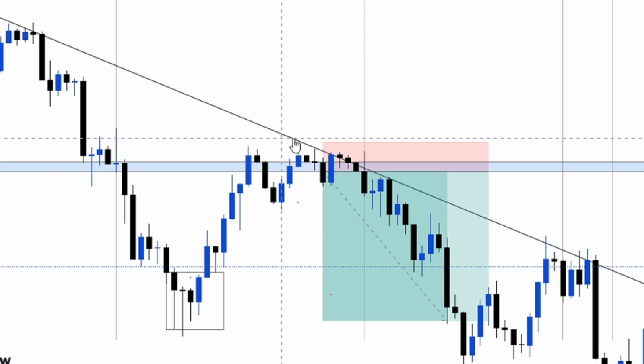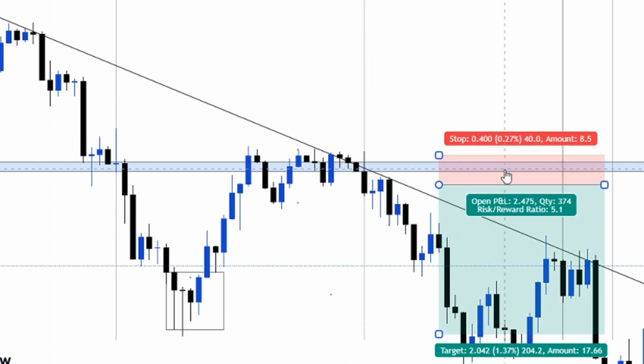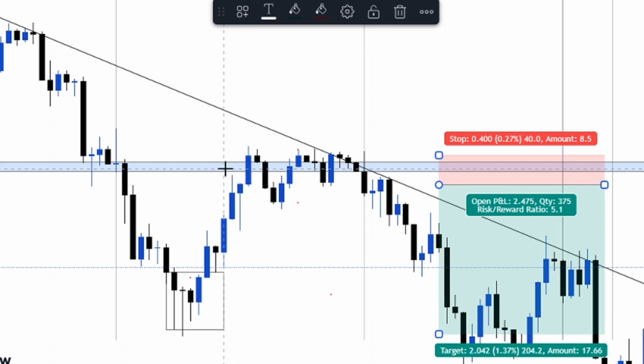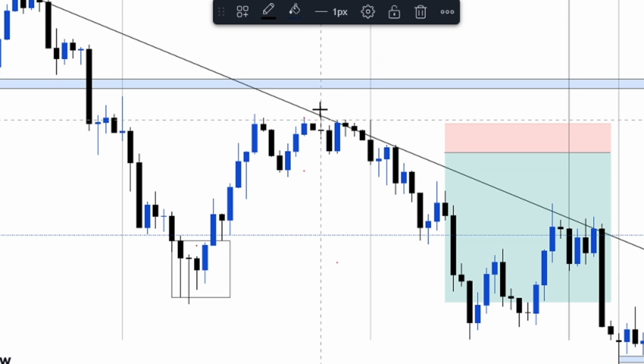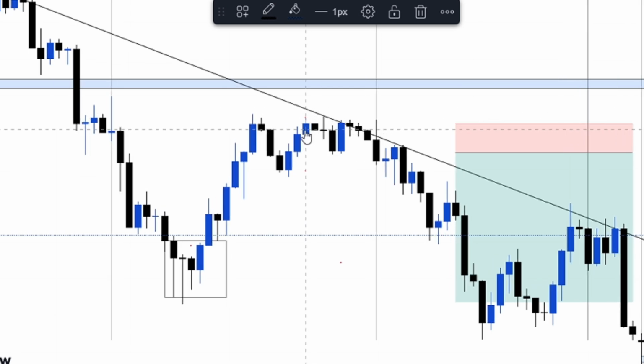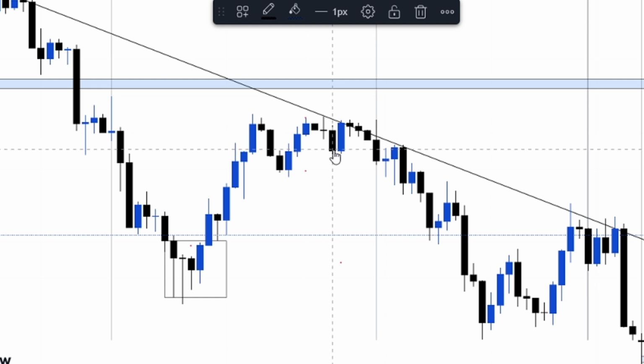Let me move this to the side, and also move this one up. You see this bullish candle created a wick, then we have a bearish, then this one touches the line. Then I have an engulfing candle over here.